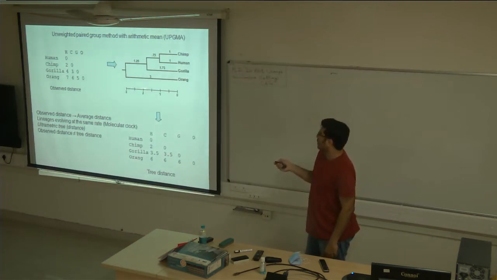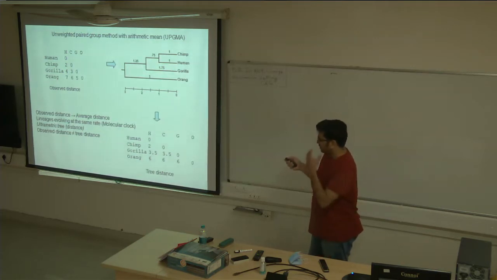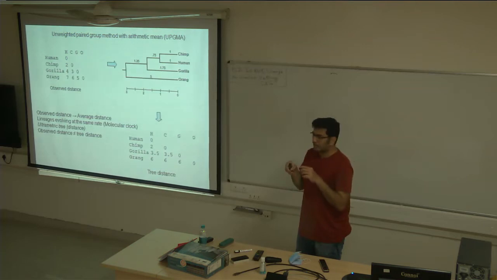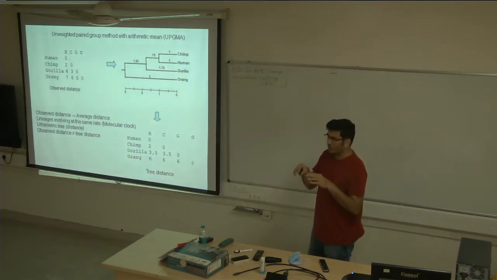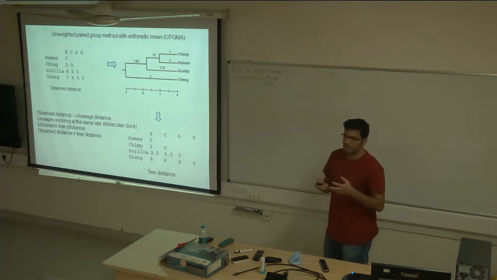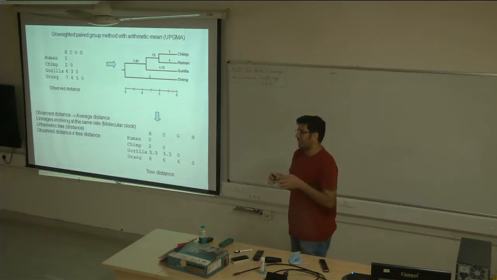An ultrametric tree assumes that each lineage is evolving at the same rate. So it assumes a molecular clock across different lineages, which is again an unrealistic assumption, because we know that lineages don't evolve at the same rate.